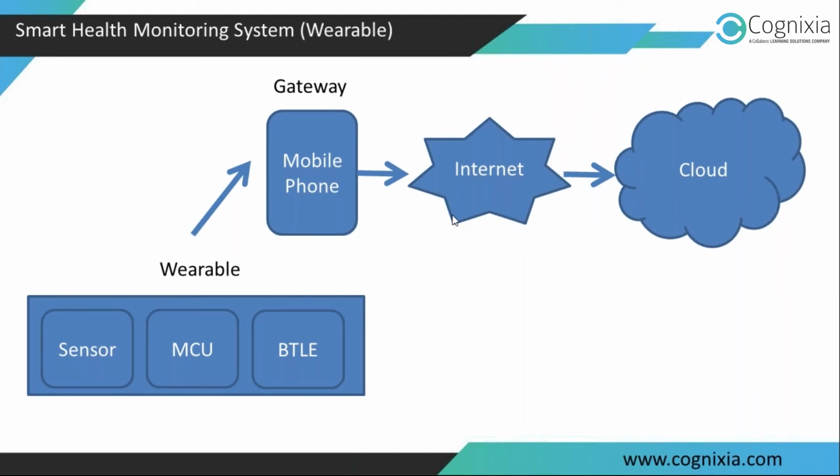Here we talk about a wearable, a battery-operated device with a sensor, microcontroller unit, and communication capability embedded in it. The preferred communication technology here is obviously Bluetooth LE. Why Bluetooth LE? Because it's a power-efficient communication technology.